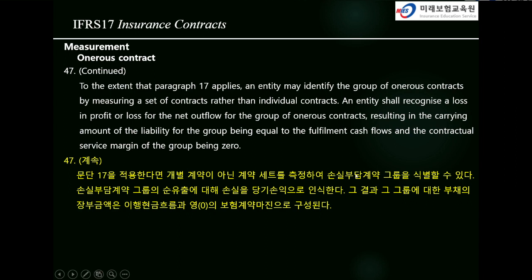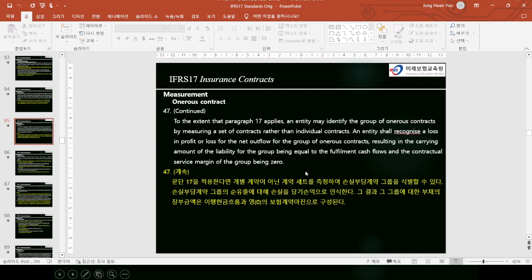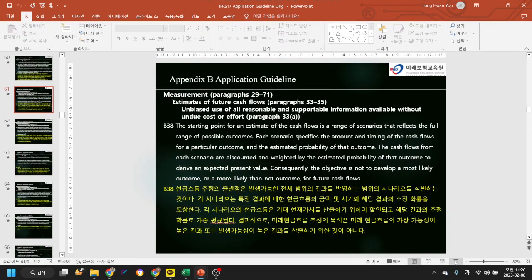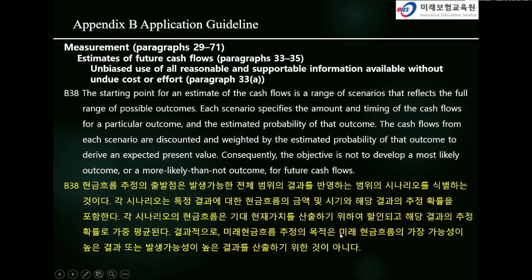And another thing that I really want to share with you guys is how we can interpret building block one, the estimate of future cash flow, especially the first, the most important characteristic or criterion: the estimate of future cash flow shall be unbiased, okay?